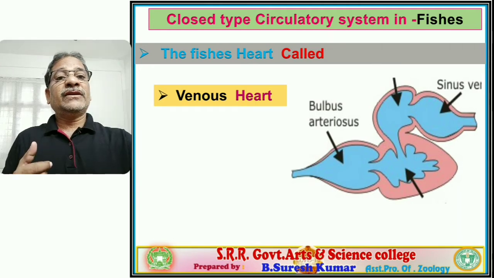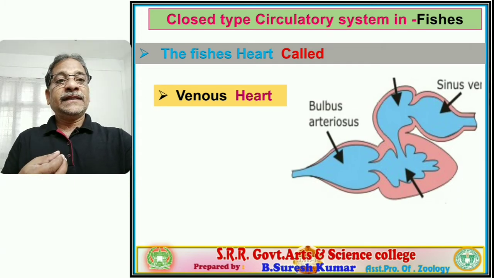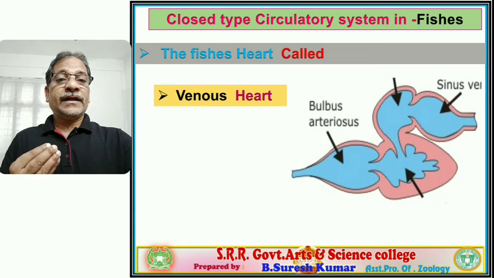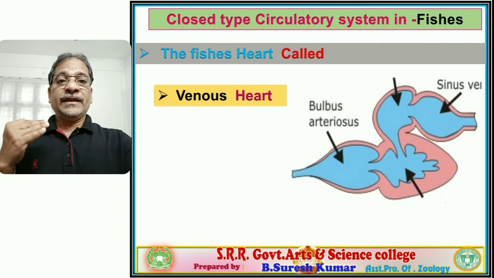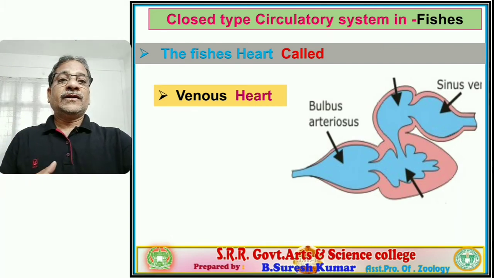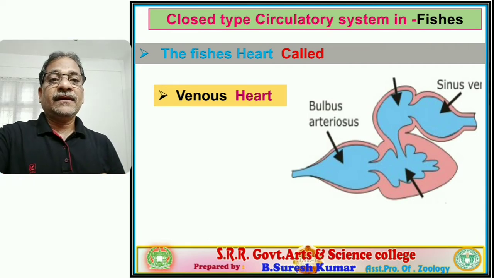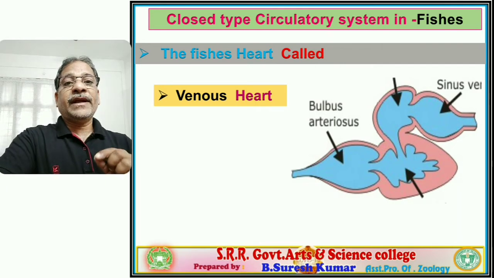Why is it termed a branchial heart? The heart pumps the deoxygenated blood into the arteriosus. From the arteriosus, through the artery, it pumps to the gills for oxygenation. So first the heart pumps the blood to the gills. Hence, it is termed a branchial heart.